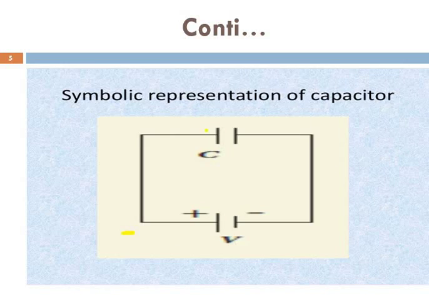This is the symbolic representation of a capacitor. Here we can see that the battery is connected with the plates, which is the capacitor, and C is the capacitance of the capacitor. This is the symbolic representation of a parallel plate capacitor.